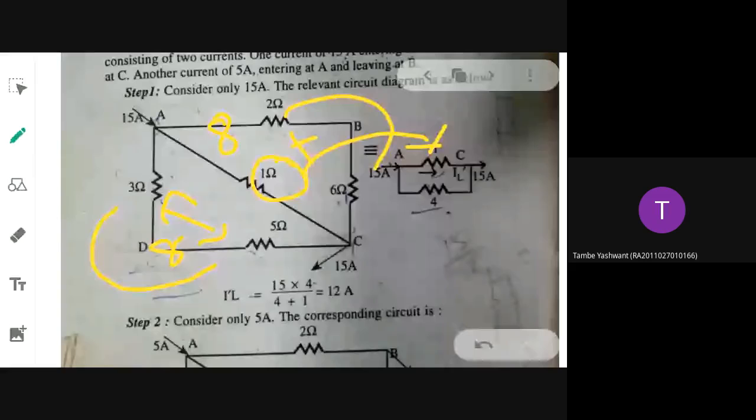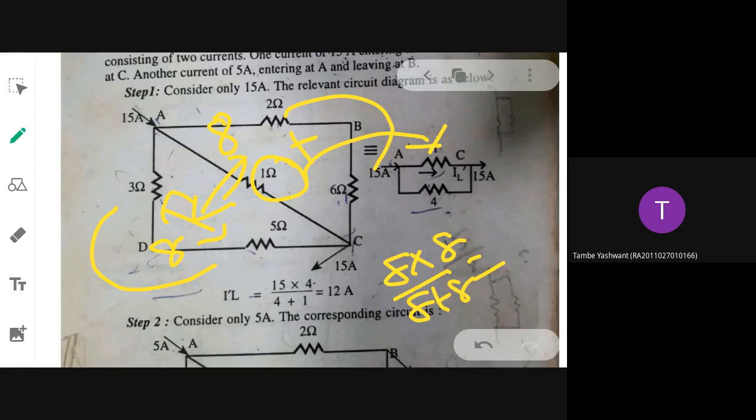These two 8 ohms are connected in parallel. So 8 into 8 divided by 8 plus 8 gives 4. Understood how that equivalent circuit came? Yes, ma'am.